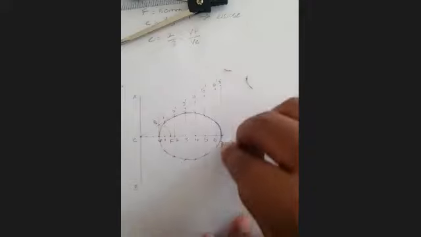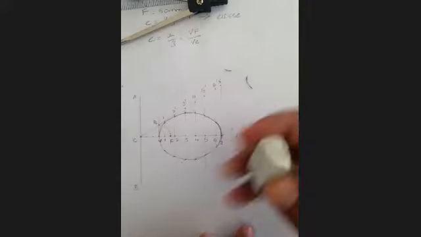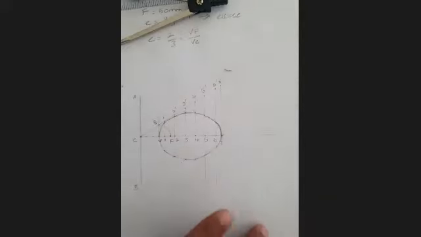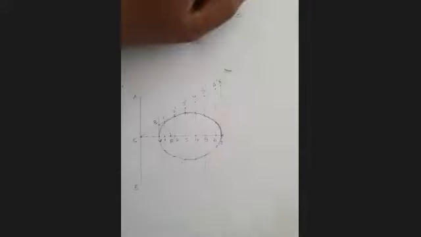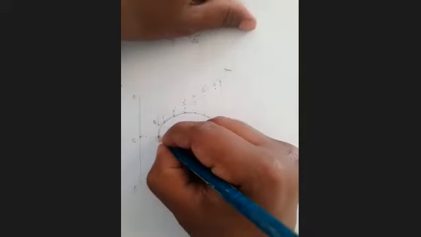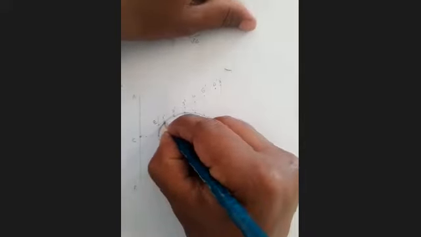That is how you need to do this. Once you are done with it, next take an HB pencil and dark it. You see how I am darkening.